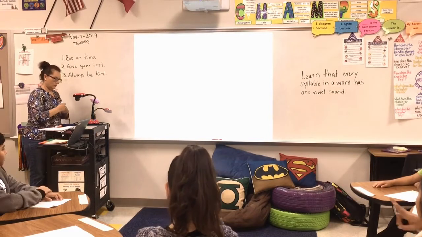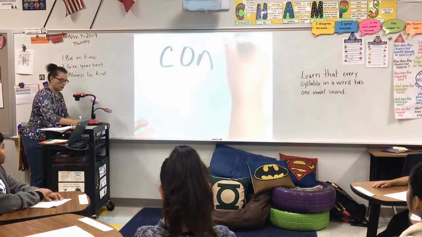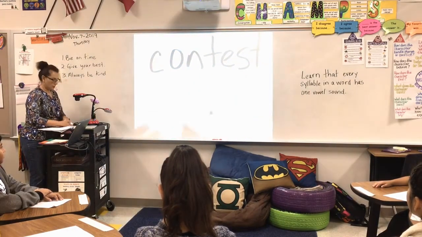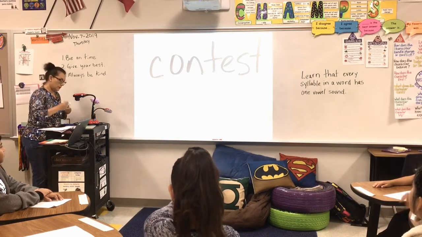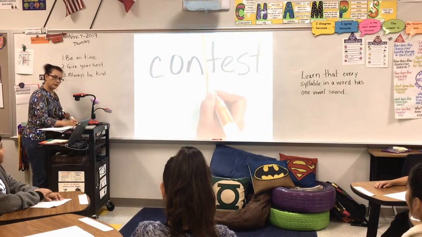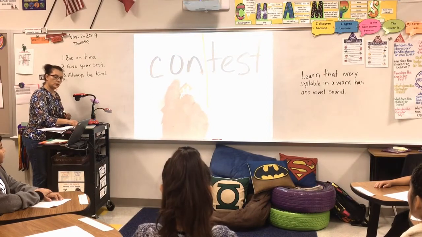Contest. Okay, so I've got 2 syllables. How would I code this word? Very nice. So do I even have to put a line down over here? No? What sound is this letter going to make?